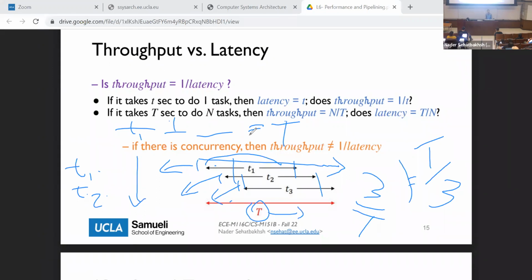The next question is, what if T1, T2, and T3 are not equal? Yes, then it depends. If you ask for the latency of each individual task, then it's T1, T2, and T3. If these 3 tasks together create a group and we want to report the latency of that group, then it becomes T1 plus T2 plus T3.